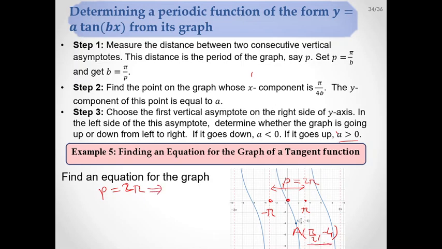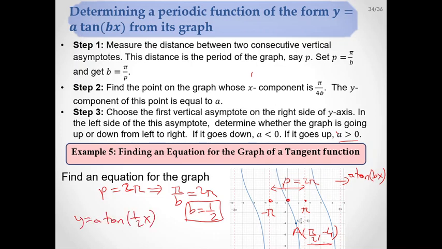The first thing maybe you should say is we have this type of behavior, so this is a times tangent bx function. Now the period of this function will be pi over b, which is equal to 2 pi, and then you will get b is equal to 1 over 2. And then you will have a times tangent of 1 over 2 x.